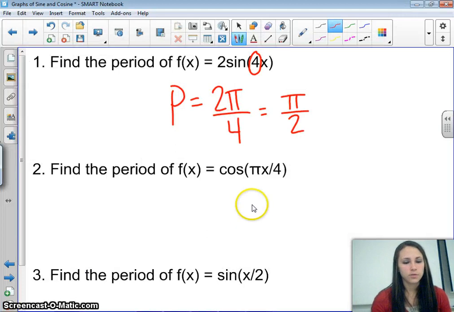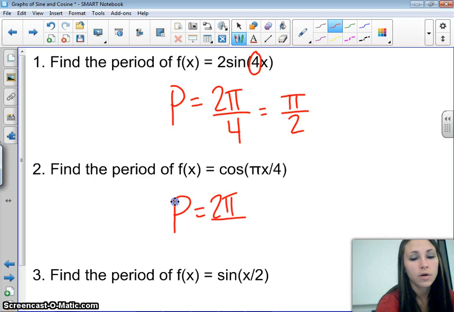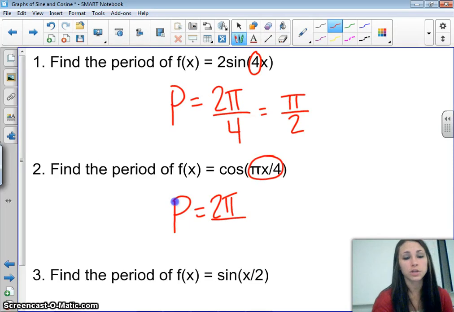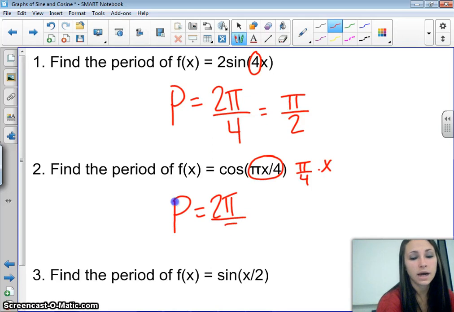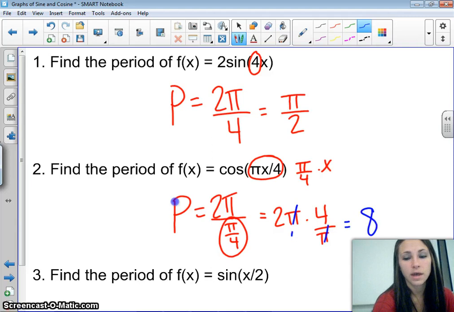Let's go find the period for these. For this one, I'm going to take the period and put 2 pi over. Now, if there's ever a fraction in front like this, it's the same thing as pi over 4 times x. So you have to take that entire pi over 4, flip it, and multiply. So this will be 2 pi times 4 over pi, and then my pi's cancel, and I'll just have 8.